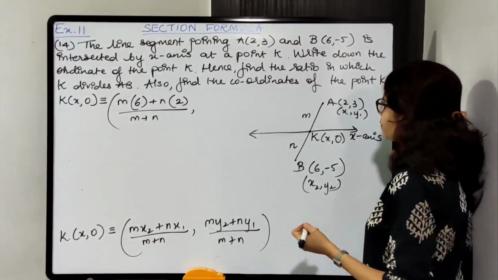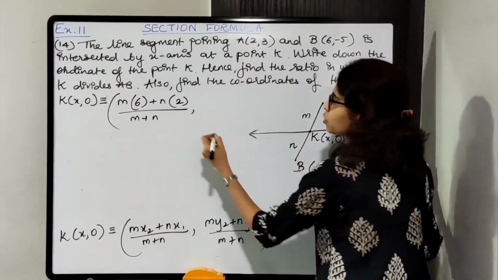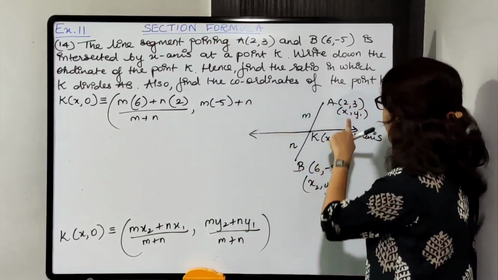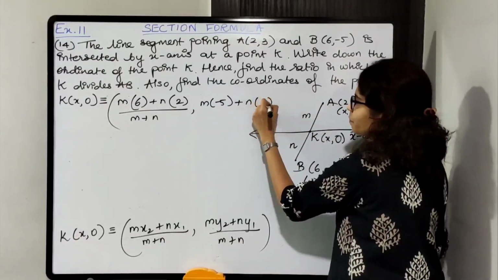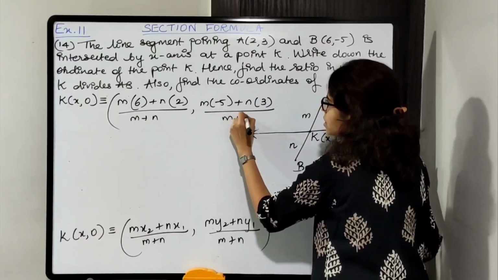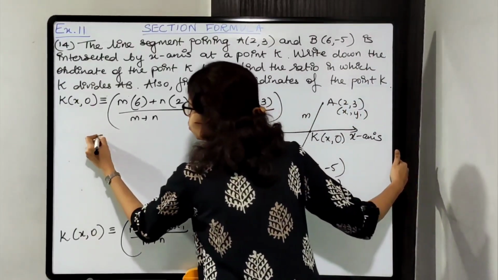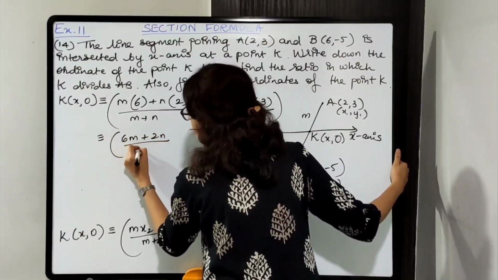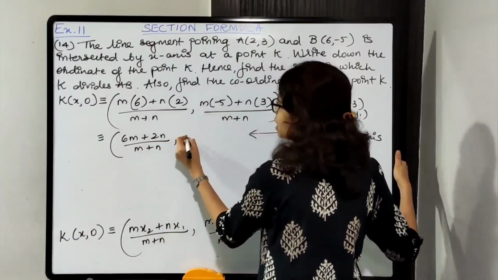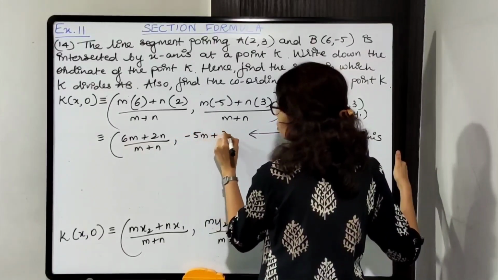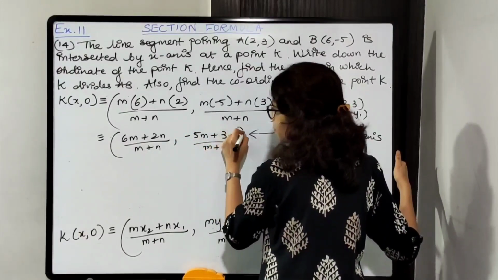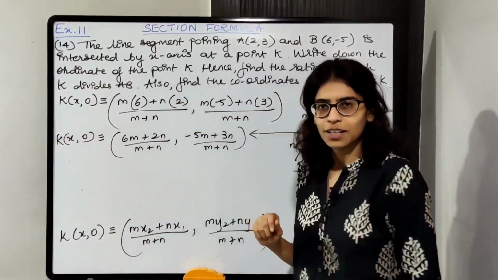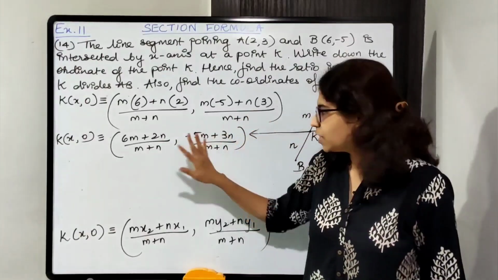For y, we have m into y2 which is -5 plus n into y1 which is 3 upon m plus n. So opening the bracket, 6m plus 2n upon m plus n, and -5m plus 3n upon m plus n. So इससे ज़्यादा सॉल्व नहीं कर सकते हैं, we'll stop over here.